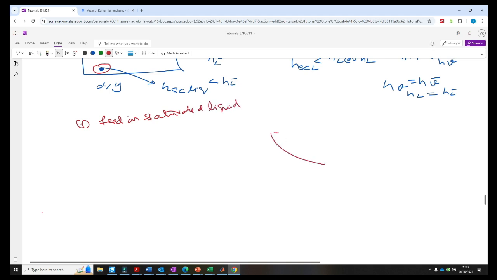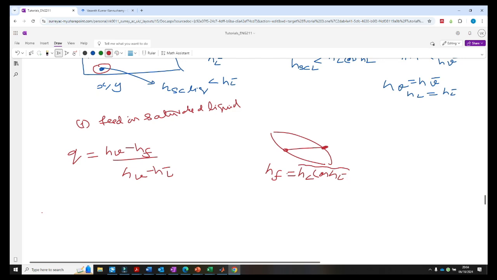in the TXY diagram, saturated liquid is here and your saturated vapor is here. So let's write Q is equal to HV minus HF divided by HV minus HL dash. The enthalpy of the feed, if the feed is saturated liquid, HF should be equal to HL or HL dash, because that's the enthalpy of the saturated liquid, and we know that HL is less than HV.